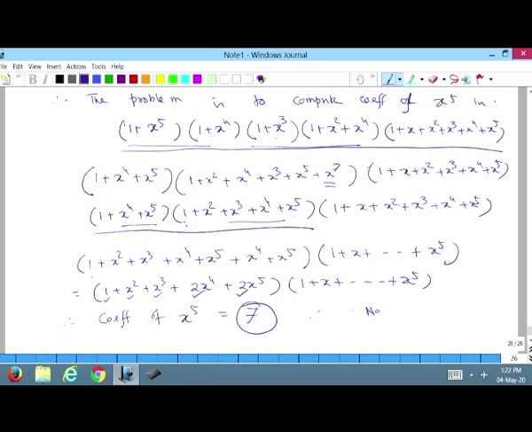Therefore, the number of possible solutions is equal to 7.